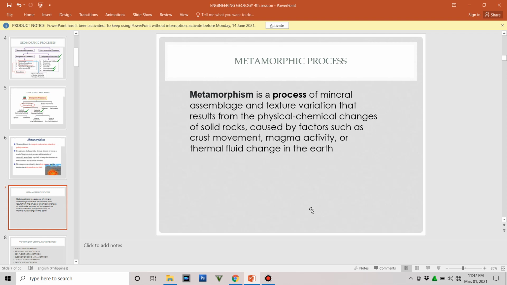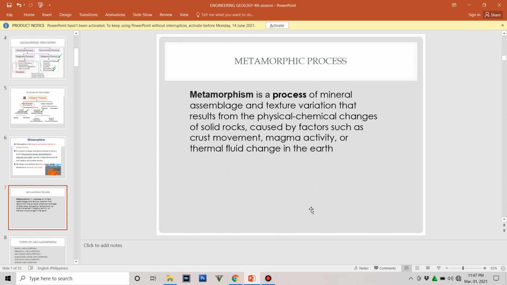It is actually the assemblage of the minerals, of course, because of the high temperature. So with the reaction of the atoms or atomic minerals of those rocks, it will have a texture variation, the arrangement of the atoms, atomic structure, and the physical and chemical changes.